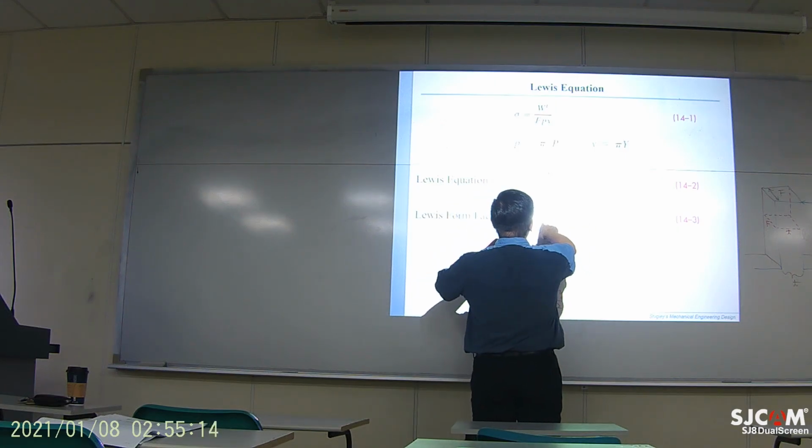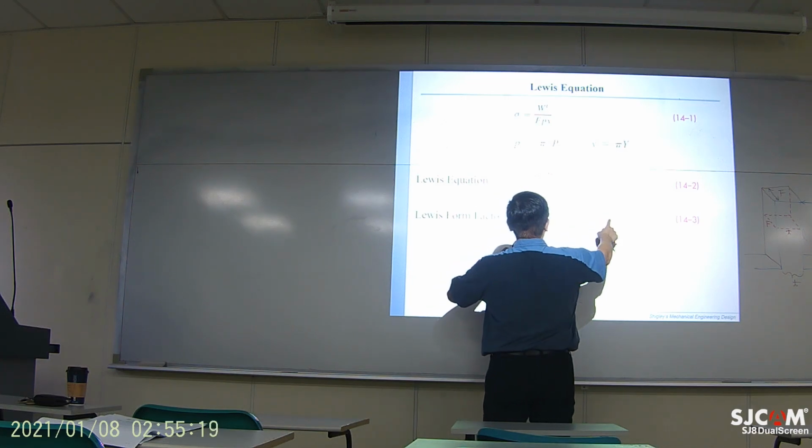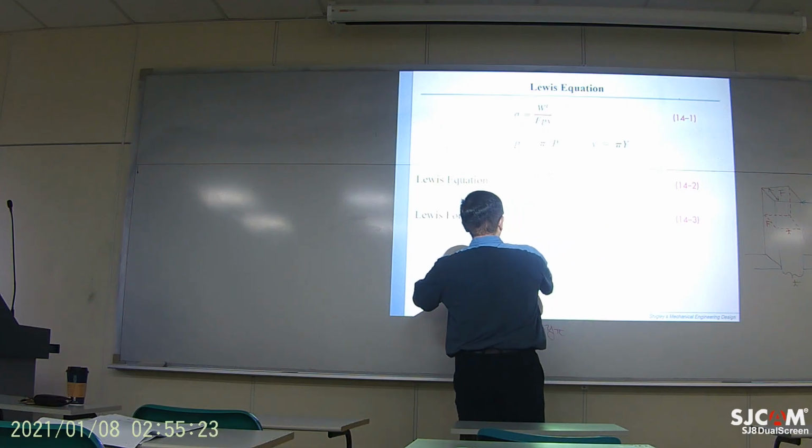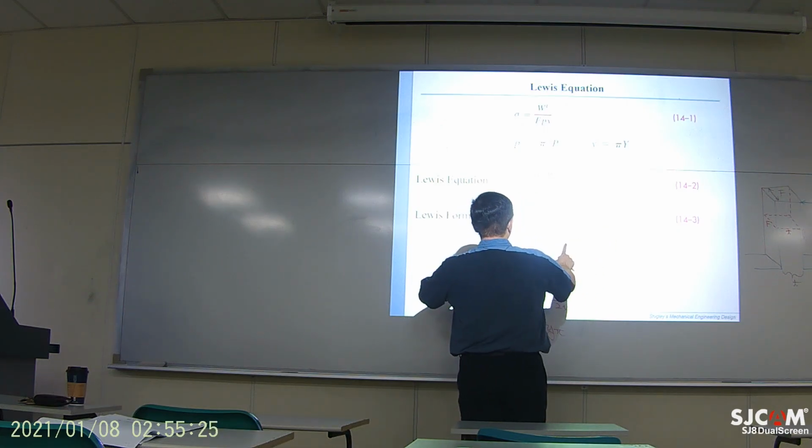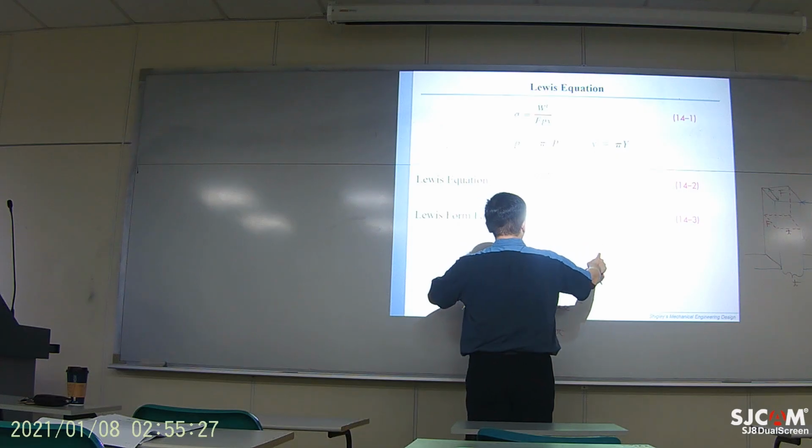Do it again, start over. Yes, this is correct. Small p equals 2x over 3y.